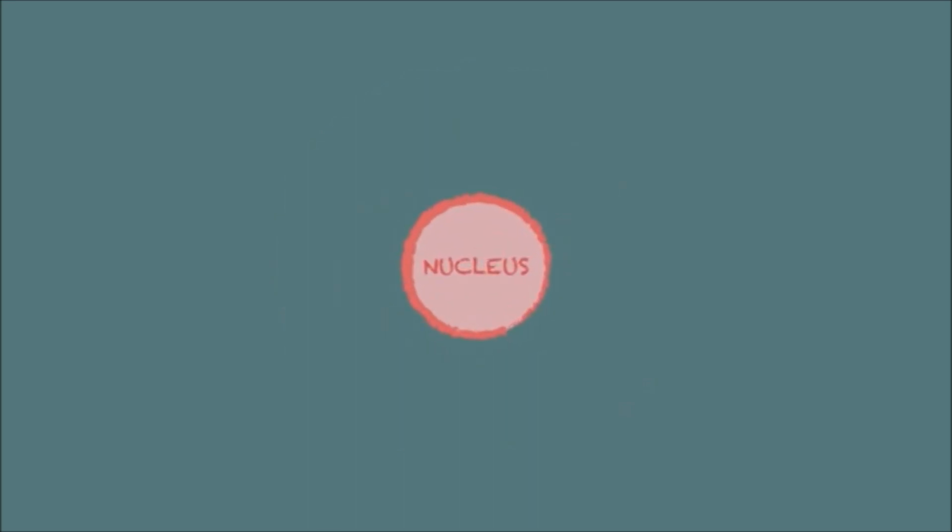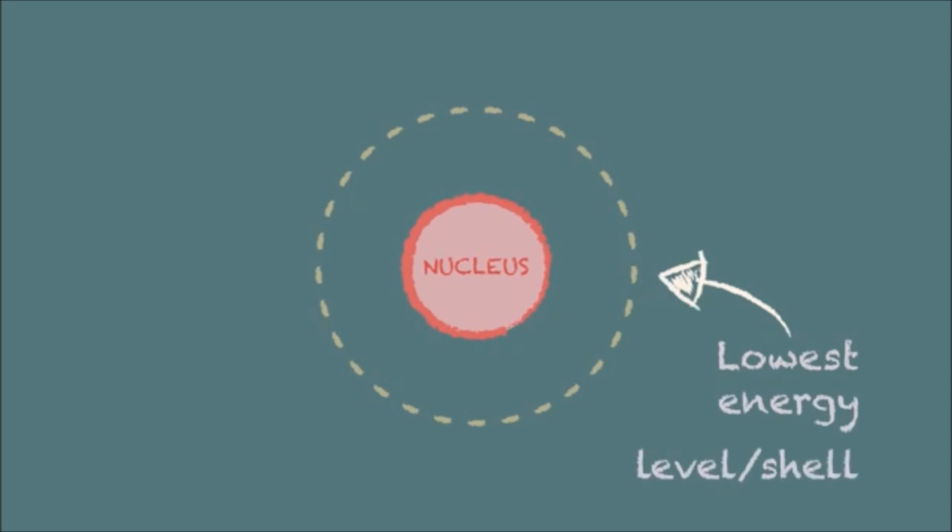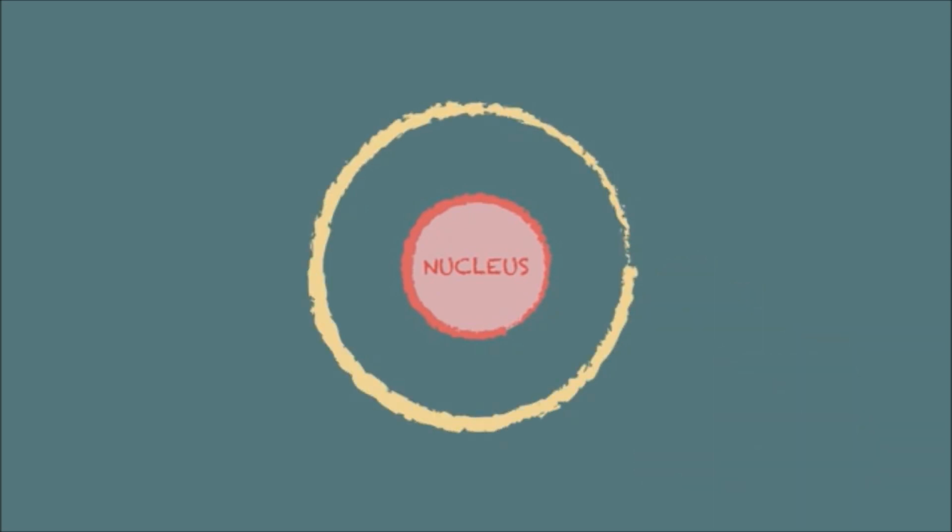In our diagrams, the shell nearest the nucleus represents the lowest energy level or shell, and we draw a circle to depict each shell. We use a dot or a cross to represent each electron, and we'll represent the nucleus by the chemical symbol.